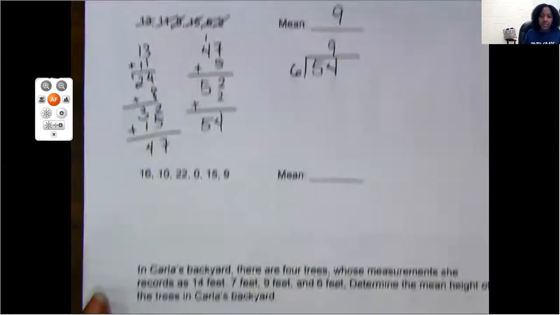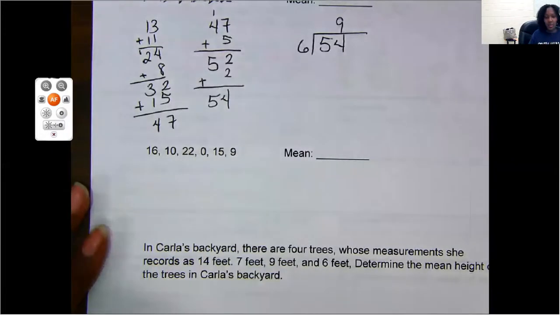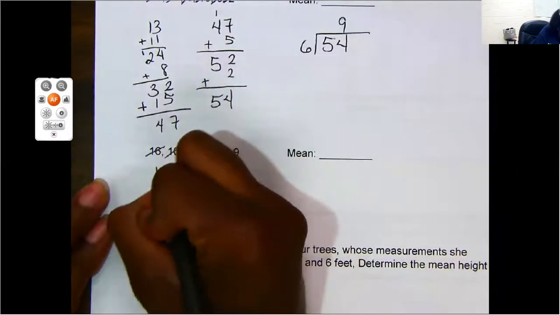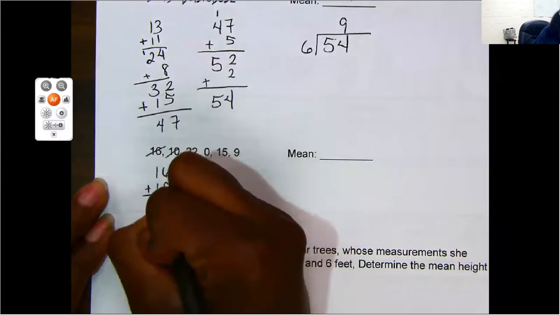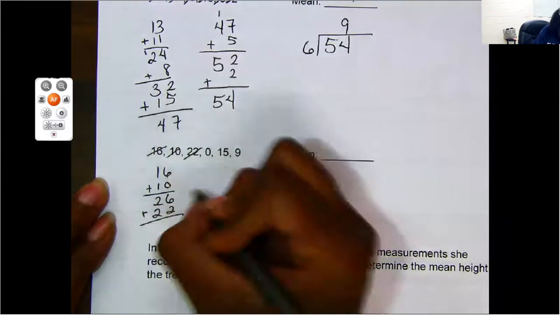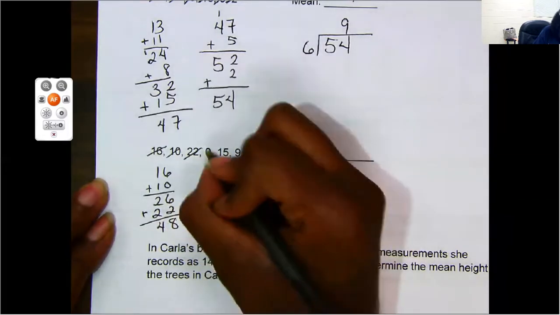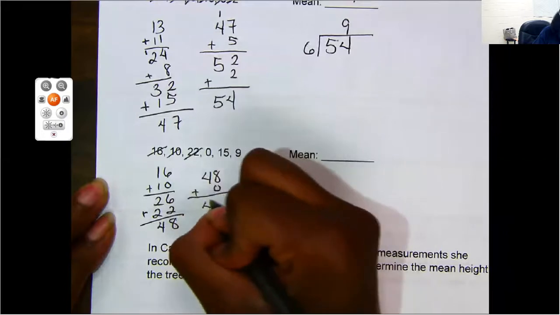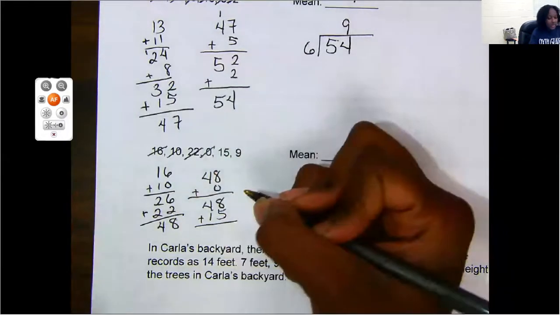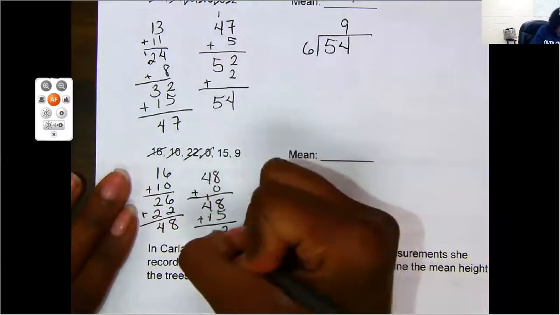All right, let's try another one. We have 1, 2, 3, 4, 5, 6 pieces of data. We need that for our division, but right now we need to add. So 16 plus 10 is 26. And we need to add 22 to that, which is 48. Ooh, we have a 0. So that's just going to be the same number. Add 15 to that, which gives 63.